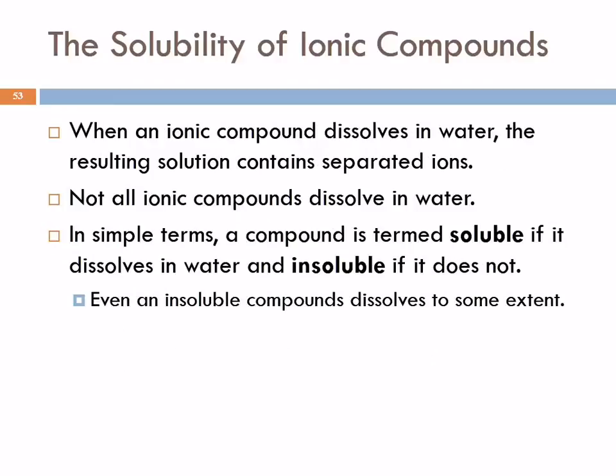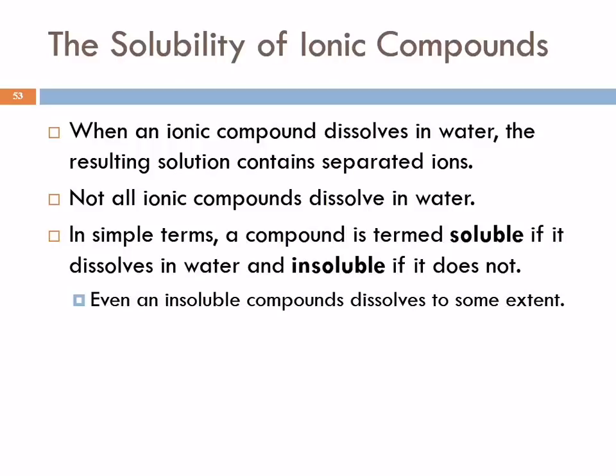Well, how do we know if an ionic compound is going to dissolve? When they do dissolve, the solution contains ions, it's a strong electrolyte, but some ionic compounds do not dissolve in water. And so if it dissolves, we say it's soluble. If it doesn't, we say it's insoluble.